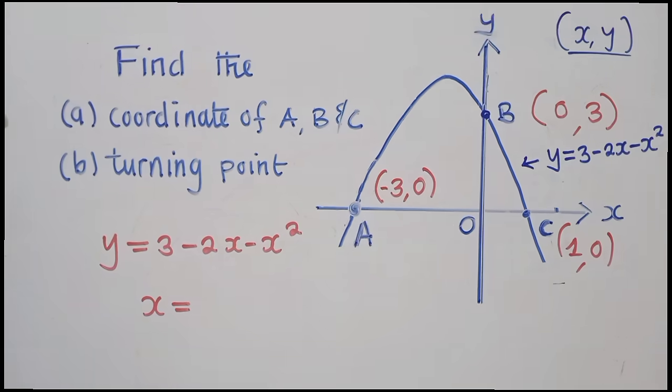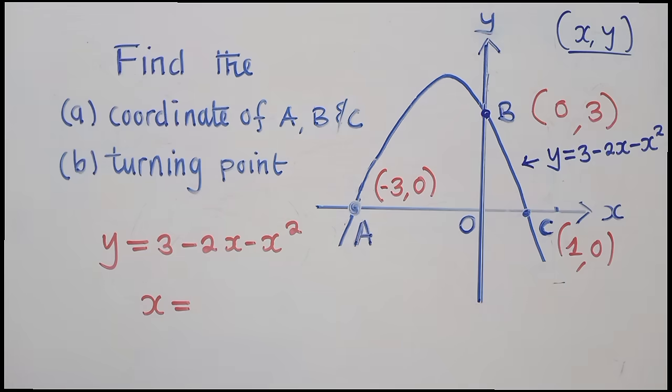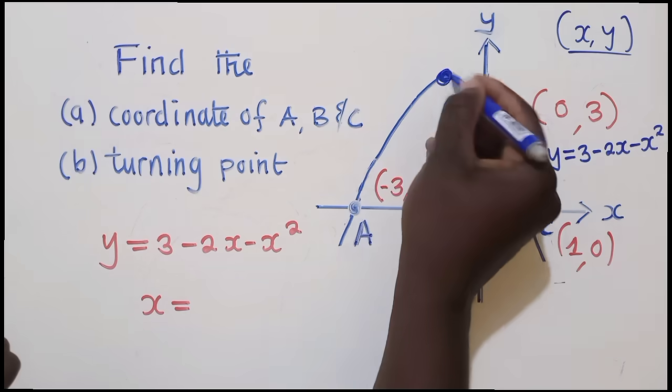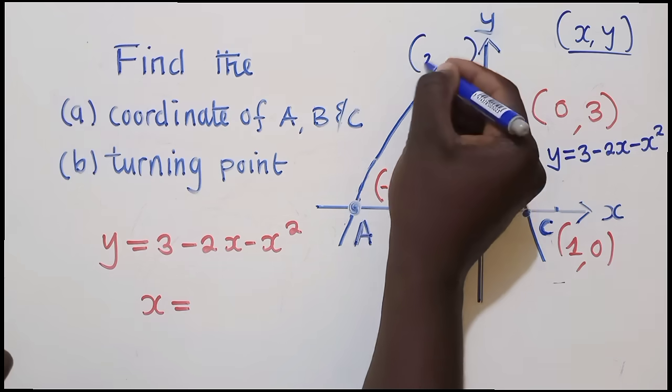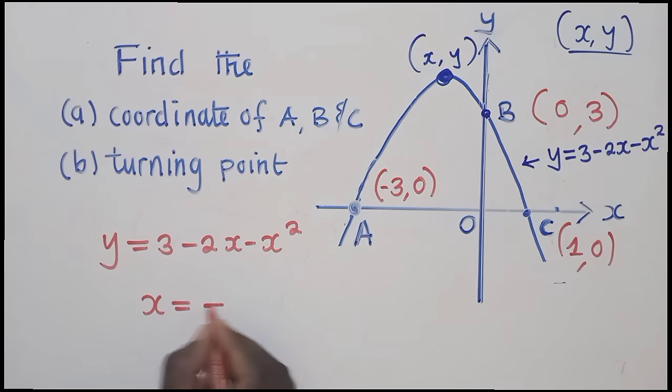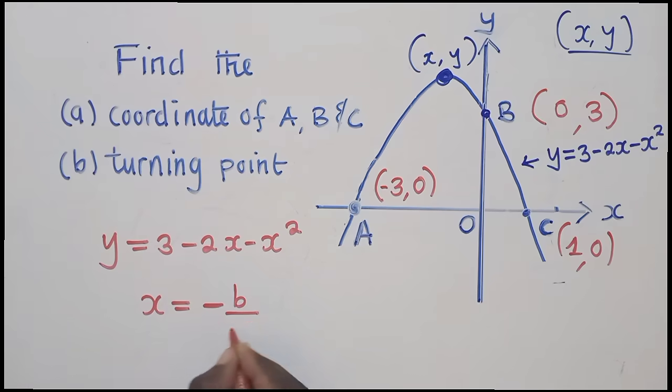But before we calculate, let me show you where the turning point will be. It will be right here, where the graph is turning here. We need to find the x and the y axis. So for the x axis, we use this formula, -b over 2a. This is a formula we use.